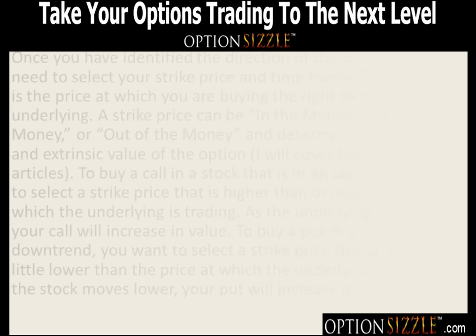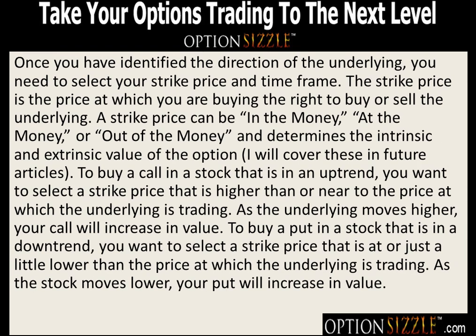Once you have identified the direction of the underlying, you need to select your strike price and time frame. The strike price is the price at which you are buying the right to buy or sell the underlying. A strike price can be in the money, at the money, or out of the money, and determines the intrinsic and extrinsic value of the option. I will cover these in future articles.